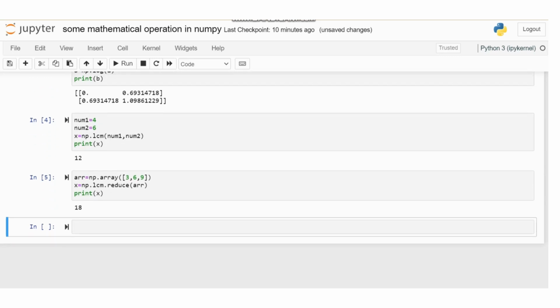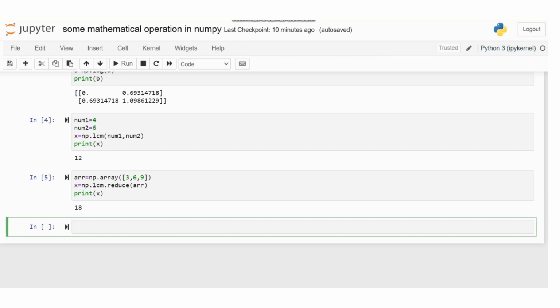Another one is HCF, also known as GCD, the greatest common divisor. It is the highest value of the common factor of both numbers.